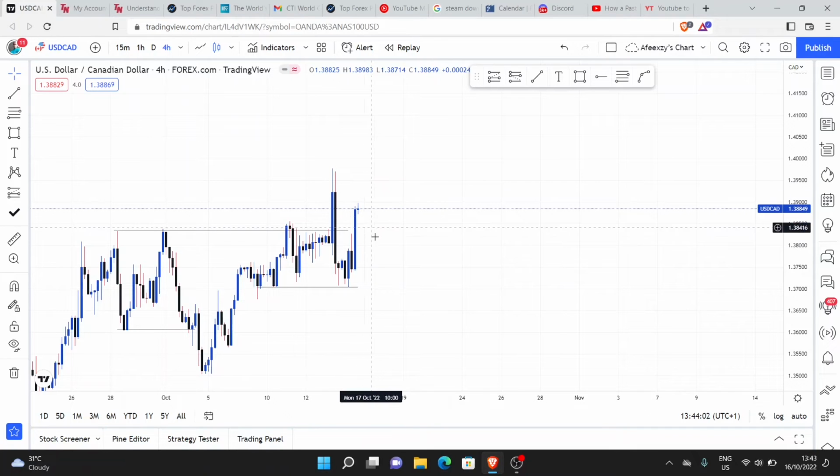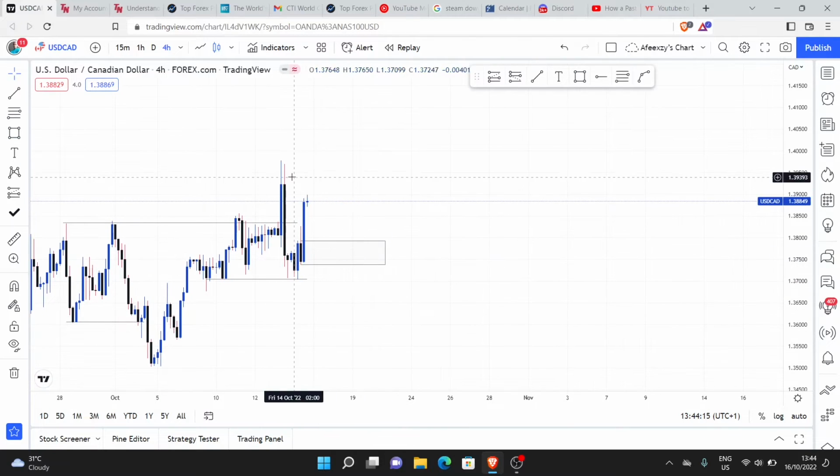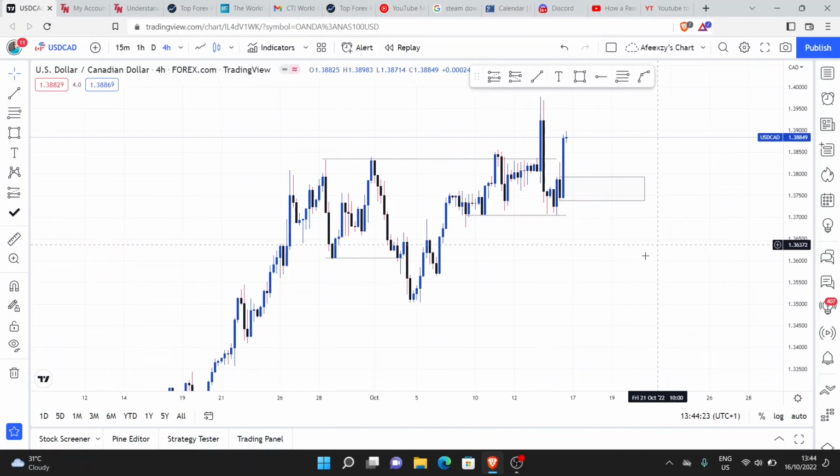We might see some kind of push to this zone, clearing all these lows before a continuation high. But overall, we are bullish on USDCAD. We might see something like this, then a continuation high, a push to this zone, then a continuation high. And that is that on USDCAD.